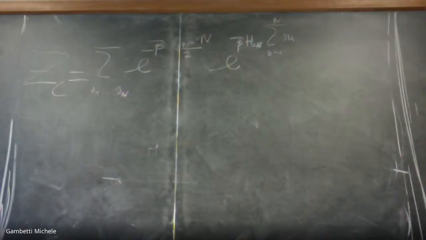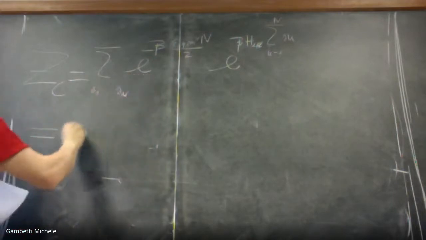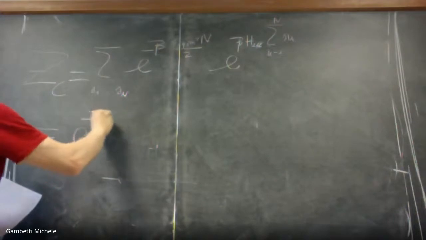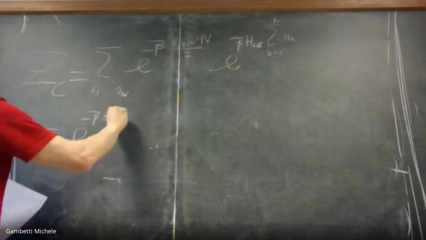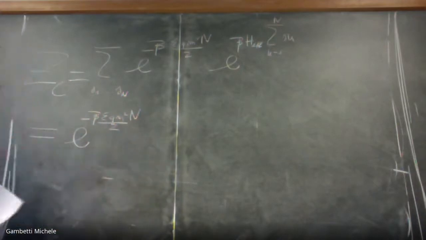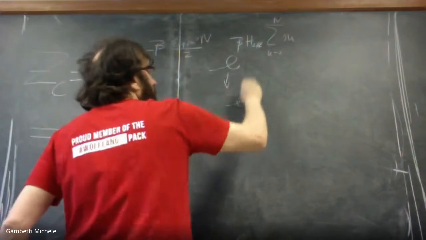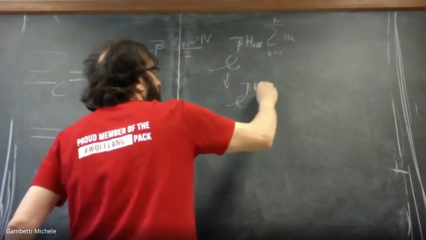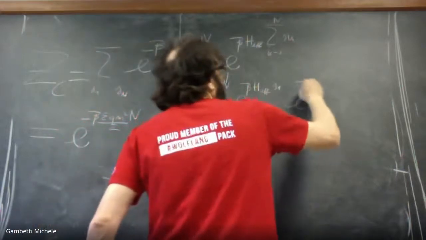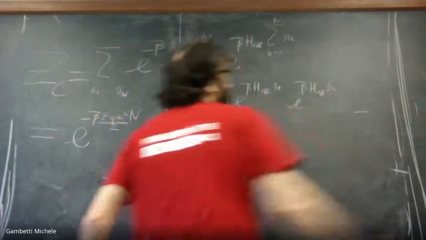Now you see that this formula is actually very simple, in the sense that this I can put outside. So this is the exponential of minus beta epsilon q m squared n divided by 2. And here this exponential is e to the beta h effective S1, e to the beta h effective S2, and so on and so forth.